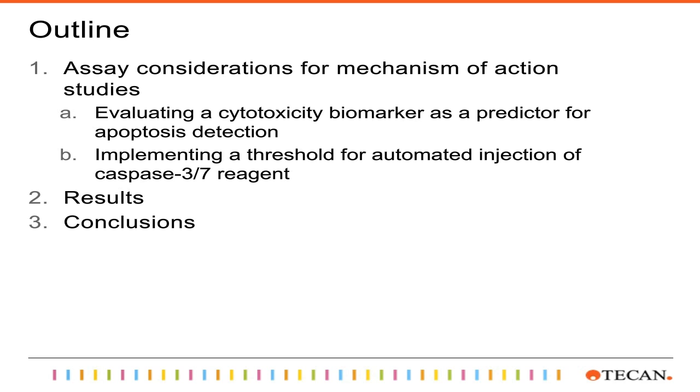Second, I'm going to be talking about the idea of implementing a cytotoxicity threshold for automated injection of a Cas-based 3,7 reagent. And I will be discussing the objectives and the results for each one of these two applications as I go along in the presentation. And then lastly, I will wrap up with some general conclusions and some additional resources should you be interested in learning more information about the applications and the products that we describe here.